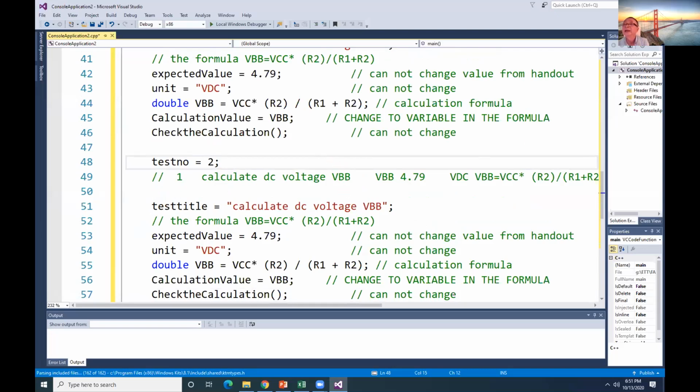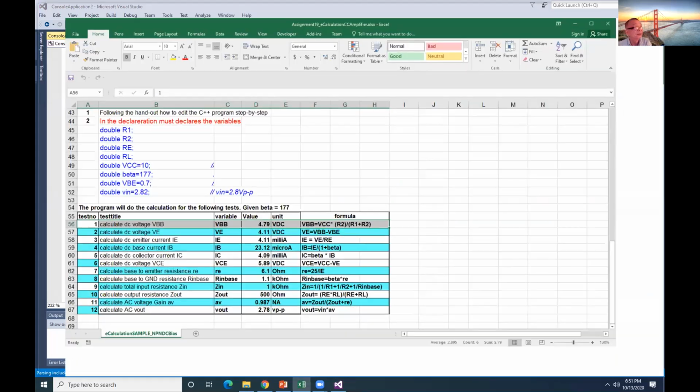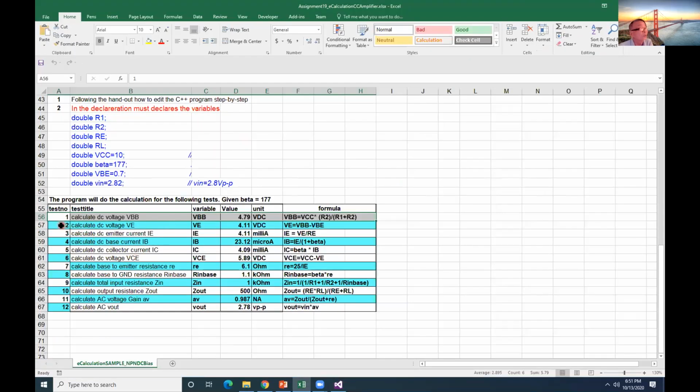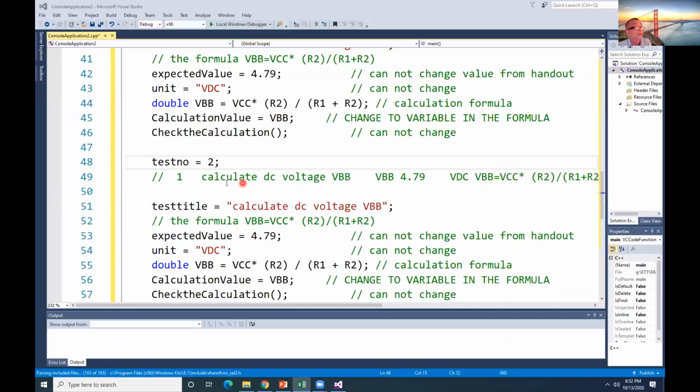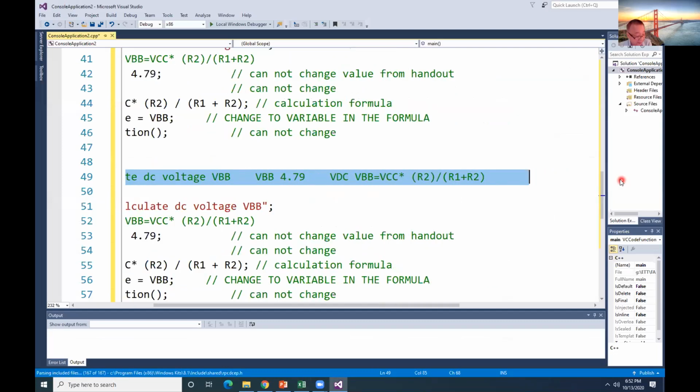Okay. Then you go back to your Excel. Copy number two, Control C. Okay. Then now you can paste them out here, Control V.